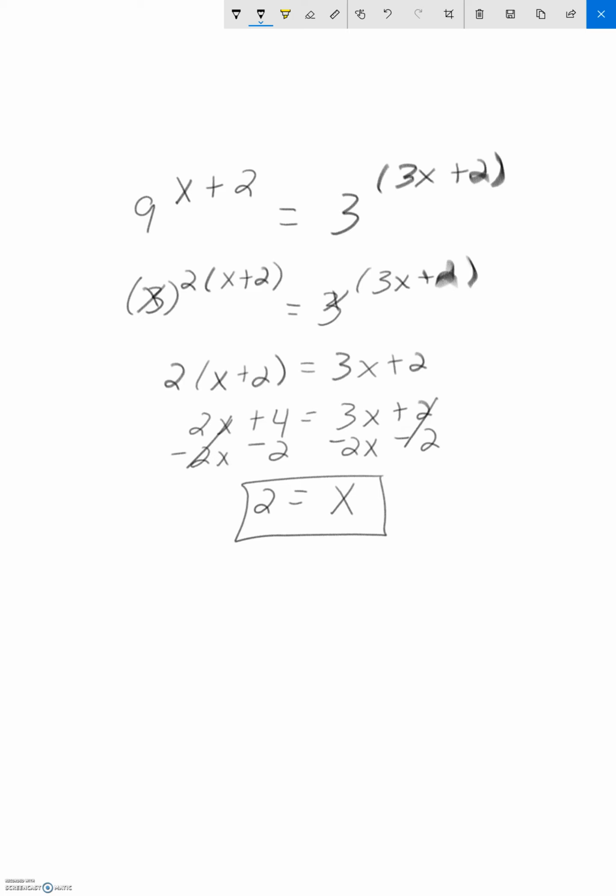If you make x 2, that means 9 to the power of 4 is going to be equal to 3 to the power of 8. Okay. Let's just do a couple more for practice.